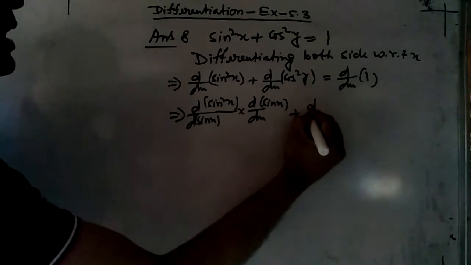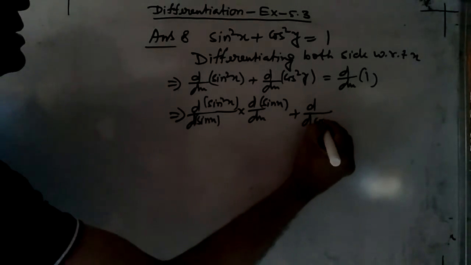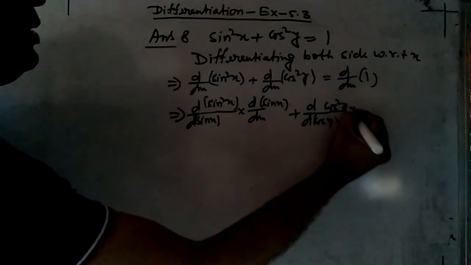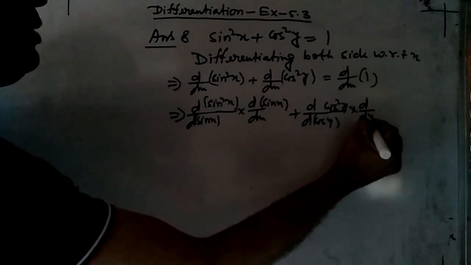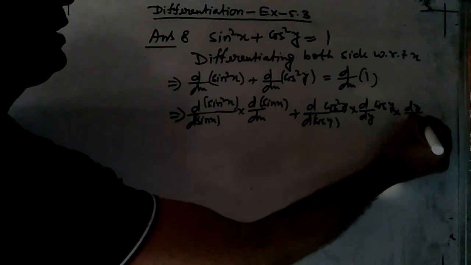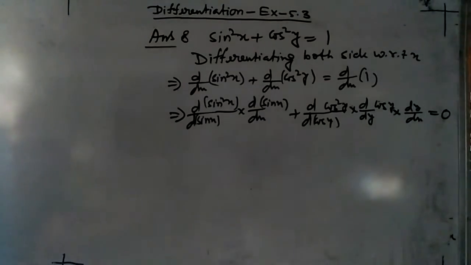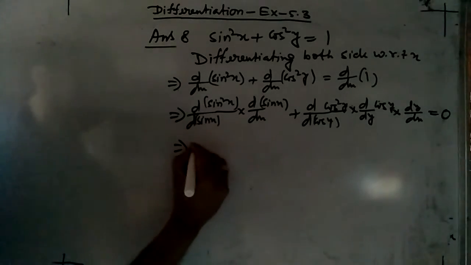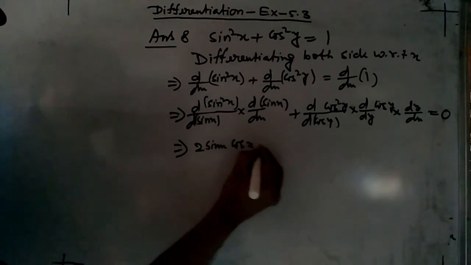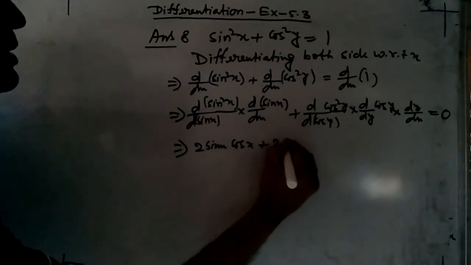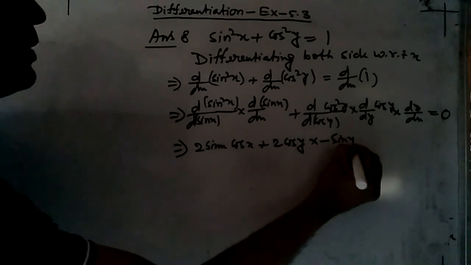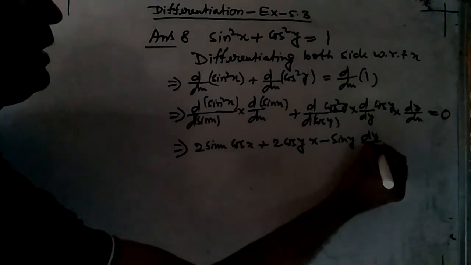Here also we have to make a chain: d by d cos y of cos square y into d by dy of cos y into dy by dx equals to 0. Derivative of 1 is 0. So here if you differentiate, then 2 sin x, the derivative of sin x is cos x, here 2 cos y, and the derivative of cos y is minus sin y, dy by dx equals to 0.